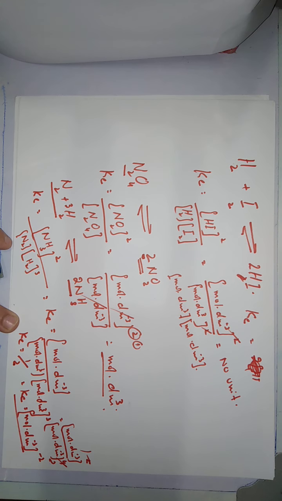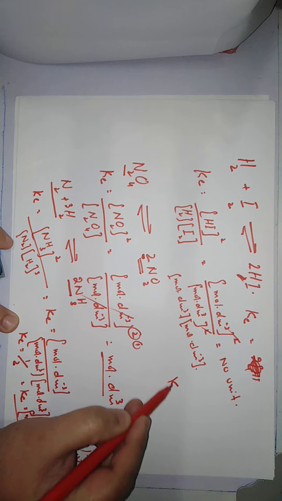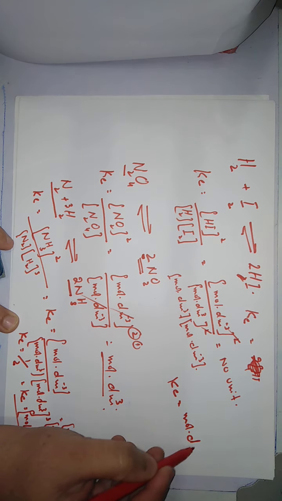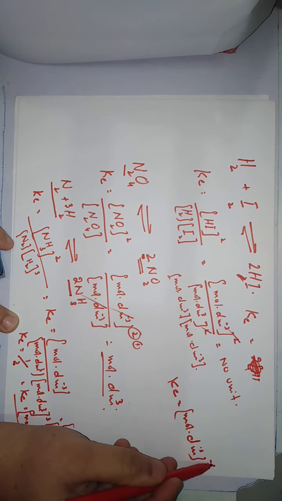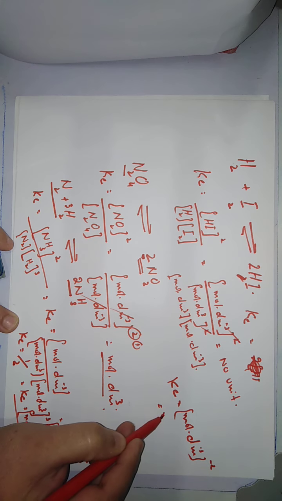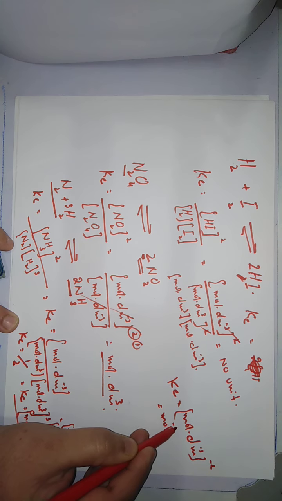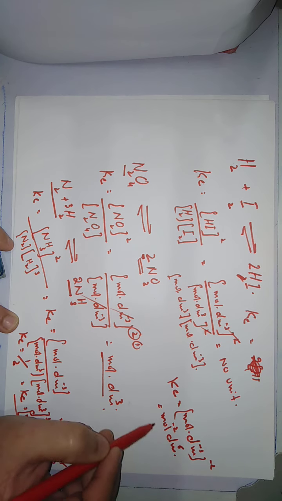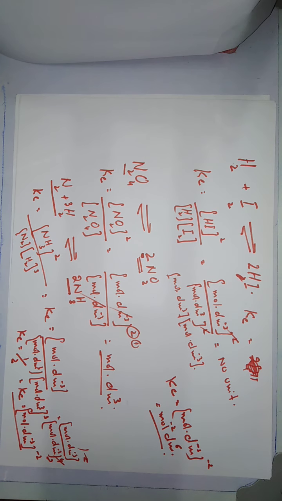Now this Kc is equal to mole per decimeter cube to the minus 2, multiplied with this, then it becomes mole minus 2 minus 3, it becomes plus 6. So this is the unit for this chemical equation.